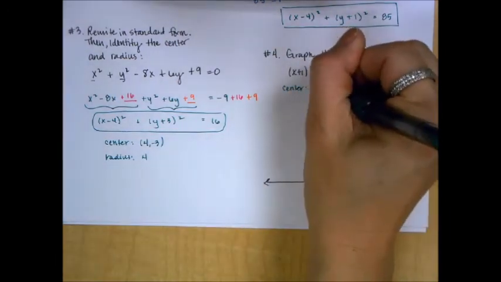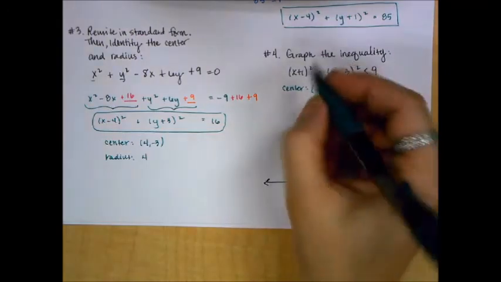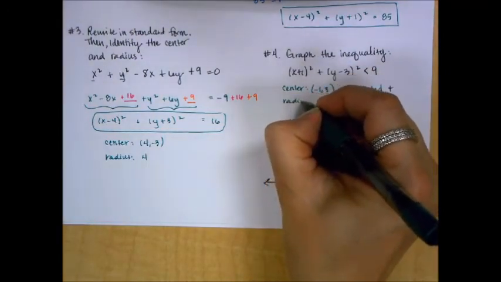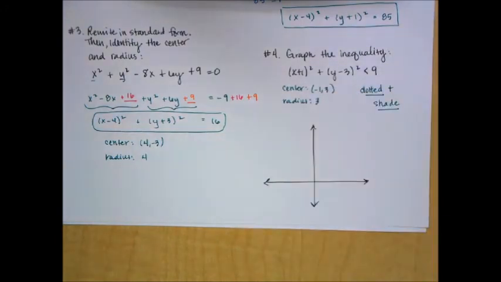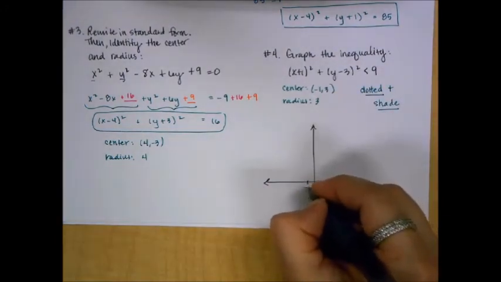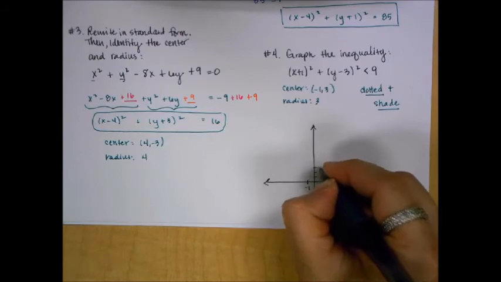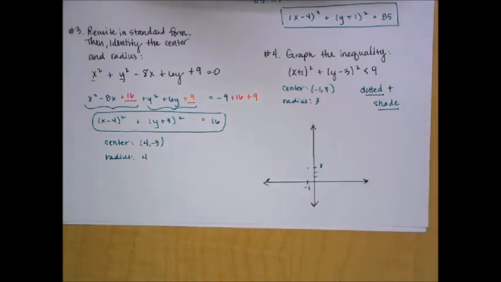Our radius, remember we're looking at r squared, so the radius is 3. So a little point for the center here, and then we'll use the radius.